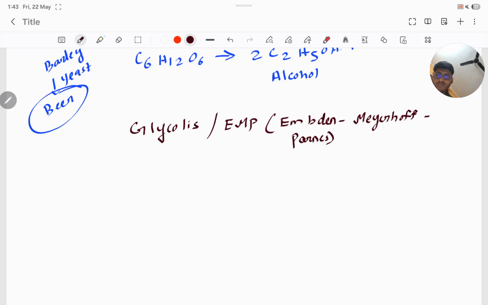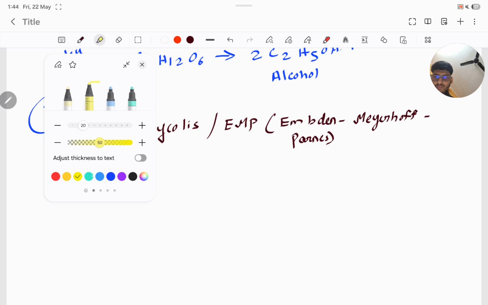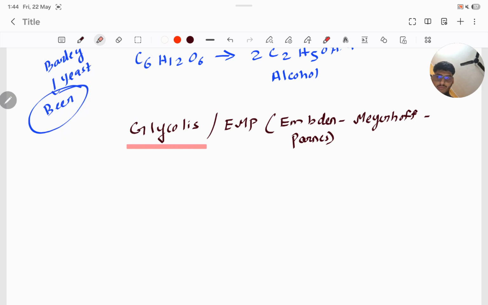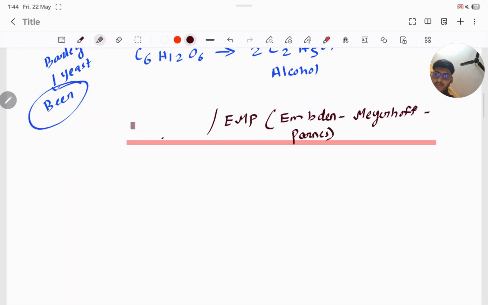I have written the spelling of glycolysis wrong. Glycolysis. So this glycolysis, where does it occur?